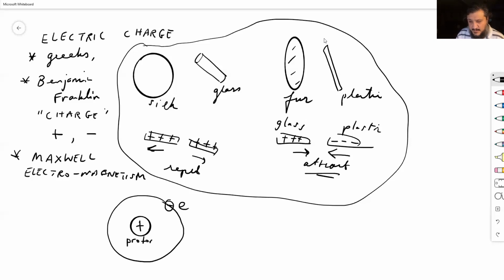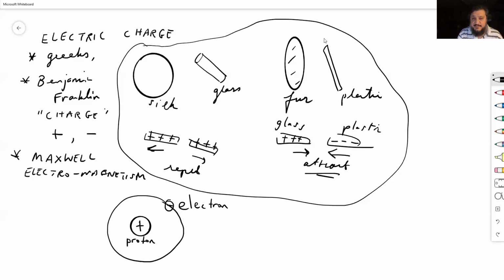Proton is a positively charged particle, and electron is a negatively charged particle. And according to this rule of opposite charges attracting each other, there's an interaction between the proton and electron. They attract each other. That's why we have a stable atom, or an electron is attracted by a proton.